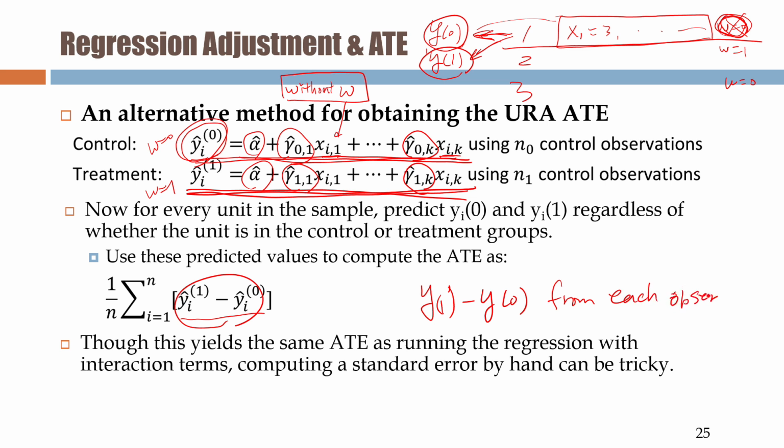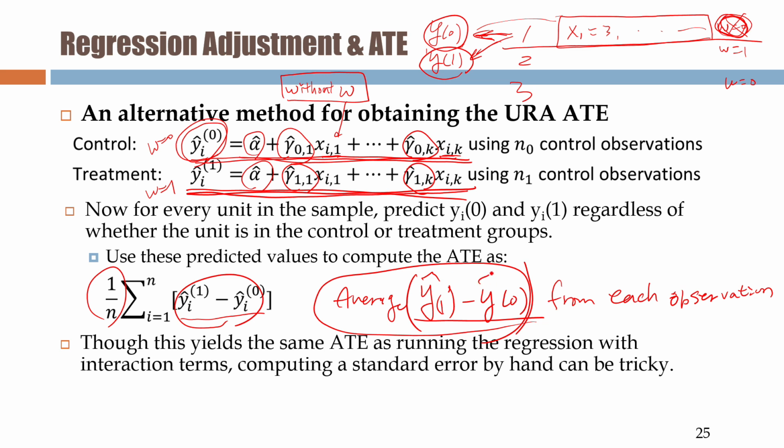Then you calculate the average, which means a summation divided by n. The average of these predictions is the estimate of the ATE. This is another way to calculate it.